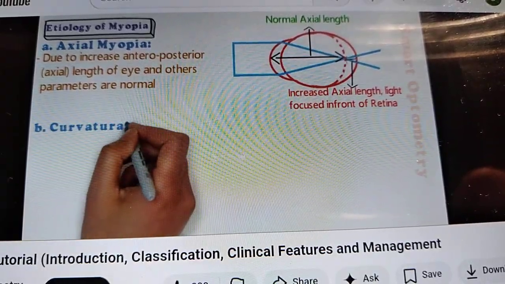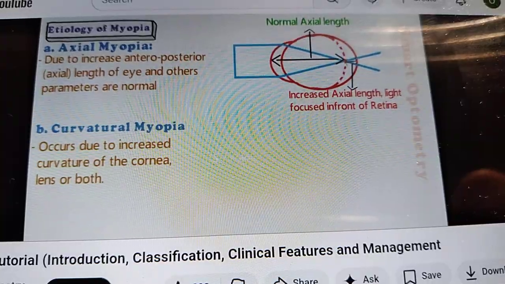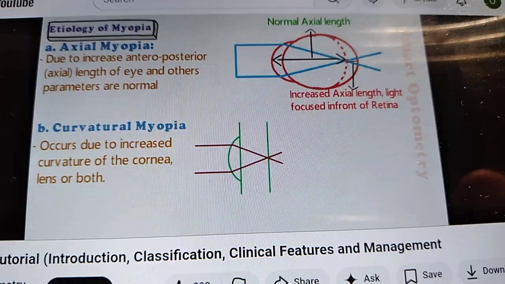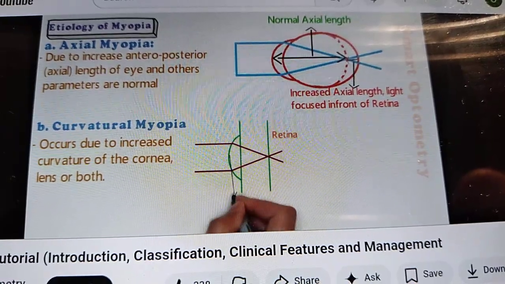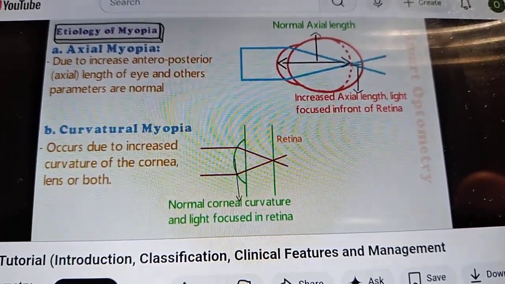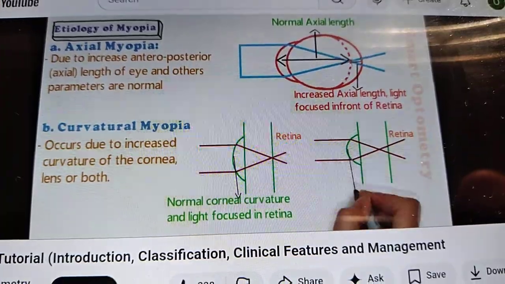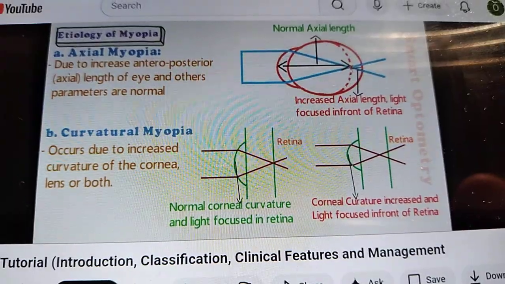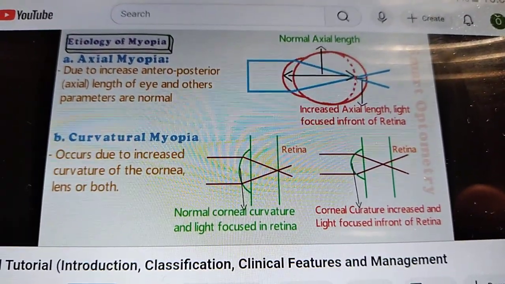B. Curvatural myopia. It occurs due to increased curvature of cornea, lens, or both. Here in this figure, normal corneal curvature and light focused in retina. And here in this figure, corneal curvature increased and light focused in front of retina.